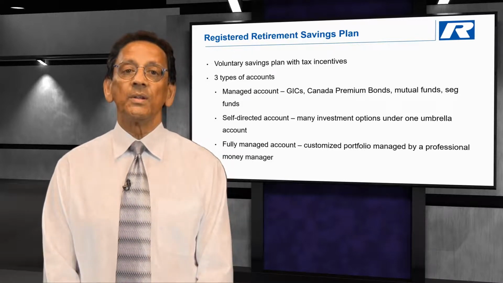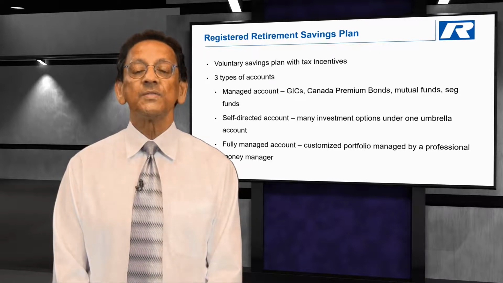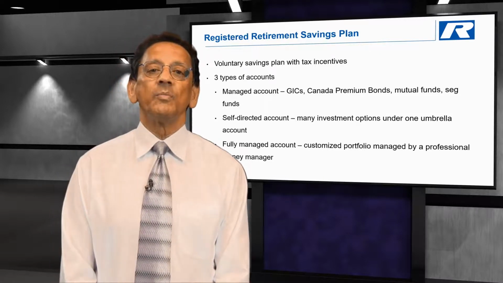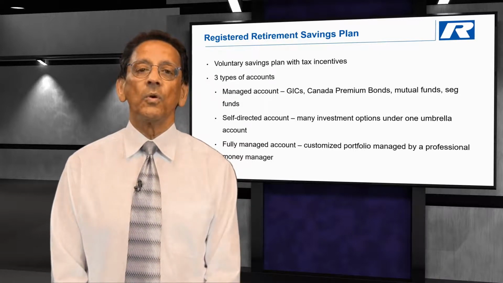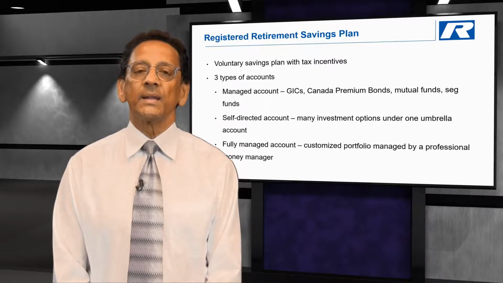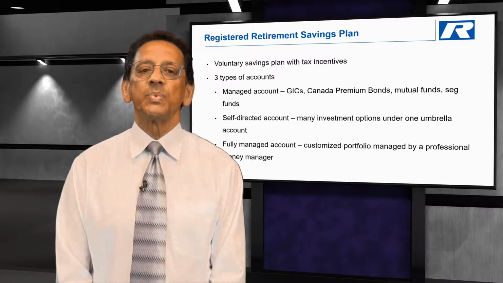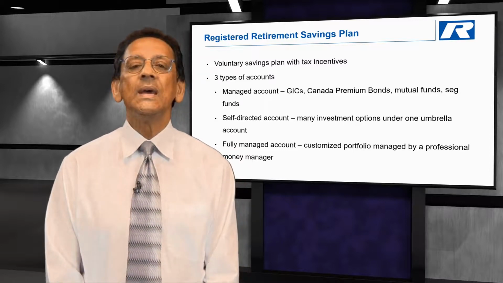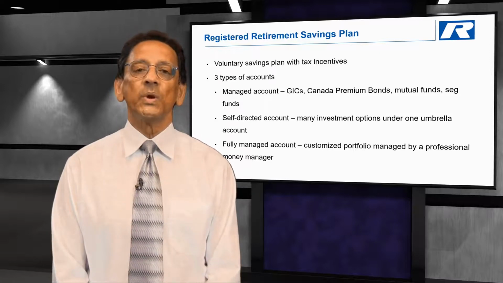This is a voluntary savings plan that has tax incentives. It's the federal government's way of encouraging us to save for our retirement years. We need to recognize that simply Old Age Security or the Canada Pension Plan is just not going to be enough to meet our lifestyle requirements when we retire.